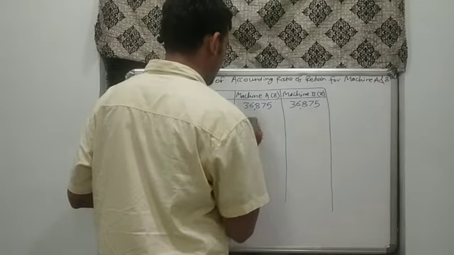So write down: annual average profit or net earning, we can use either term, multiplied by 100, divided by original investment.